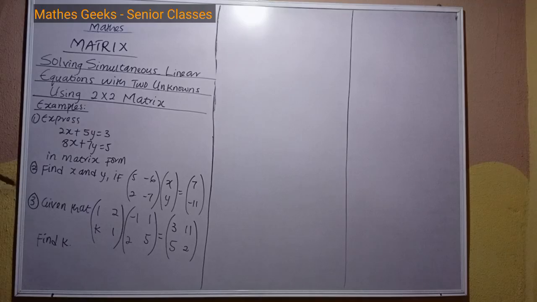When we get to that point, I'll let you know how to use the inverse method to solve simultaneously for two unknowns. But right now we're going to use just 2 by 2 matrices to get the values of the two unknowns. So let's take the examples.